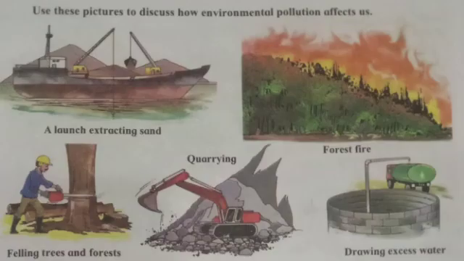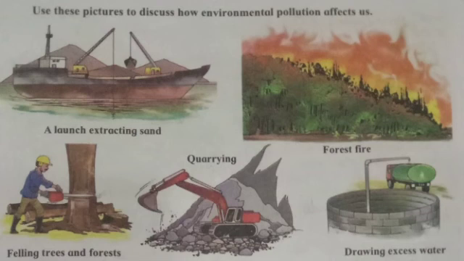Look at this picture. In this picture we have to discuss how environmental pollution affects us. The first picture is a launch extracting sand, meaning for making houses or for building any construction. We use sand, and we can get that sand from inside the water, inside the big rivers. Next is forest fire.